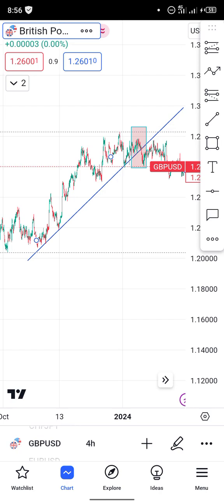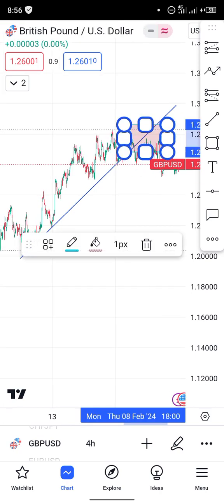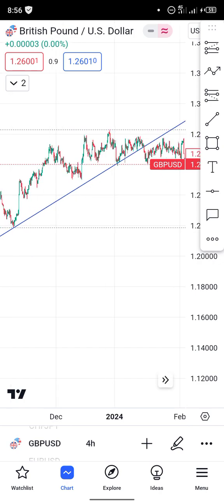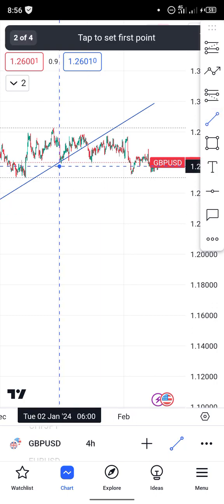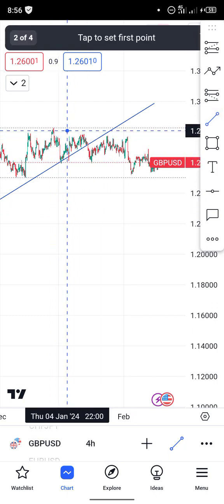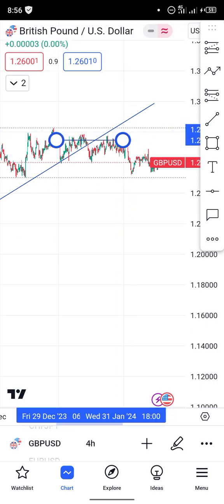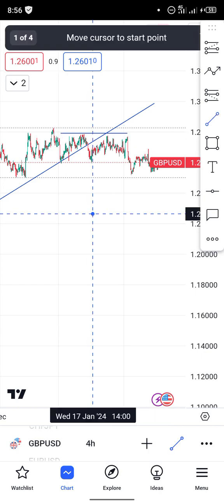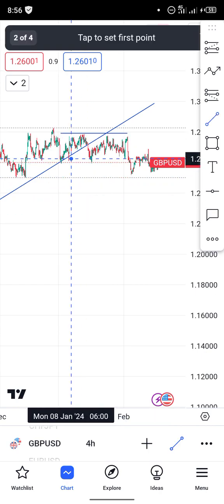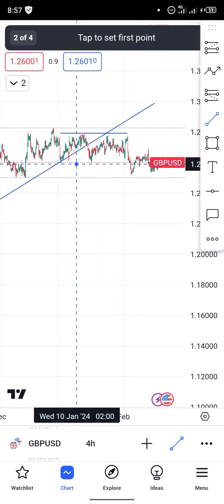All right, at this point we have our breakout. This was the last resistance level that was not taken out, and this was the last support level that got broken.